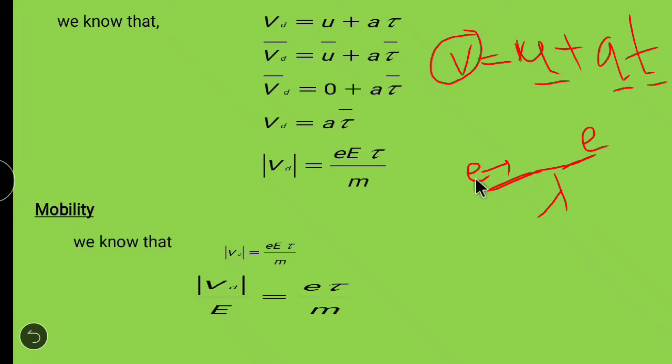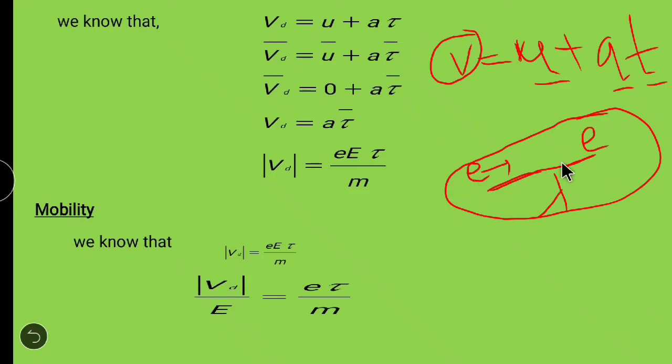So students, in between these 2 points, I am applying the first equation of motion. So Vd is the drift velocity, meaning final velocity, u is the initial velocity after collision, and a is the acceleration and tau is the relaxation time.